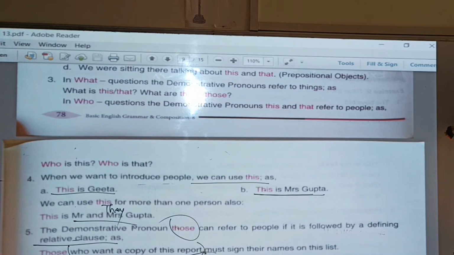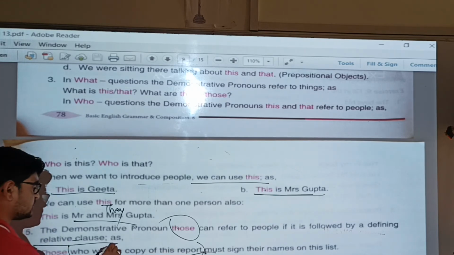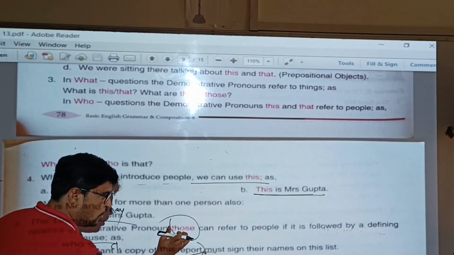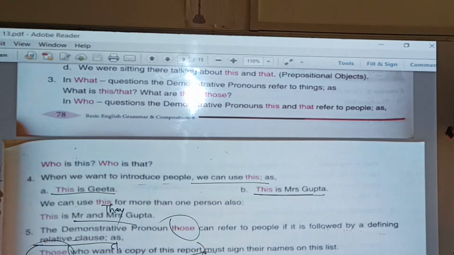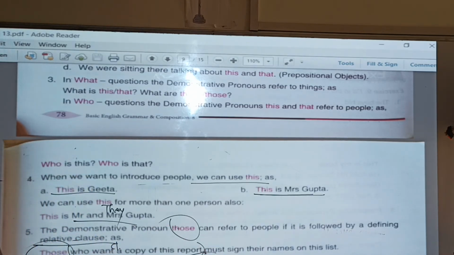So "who want a copy of this report" is our clause. That's why we are using those.